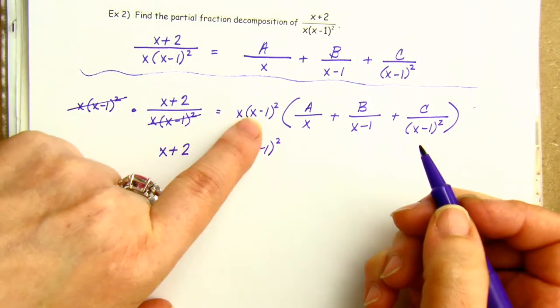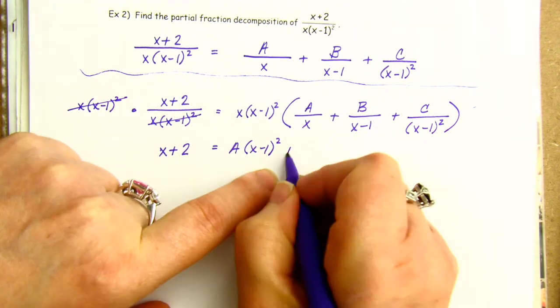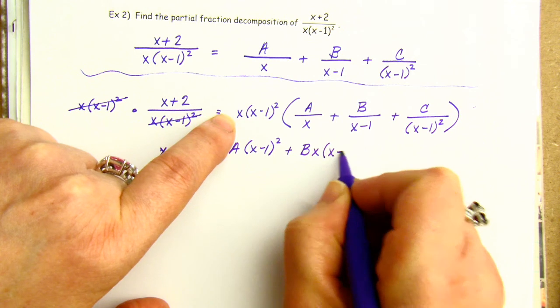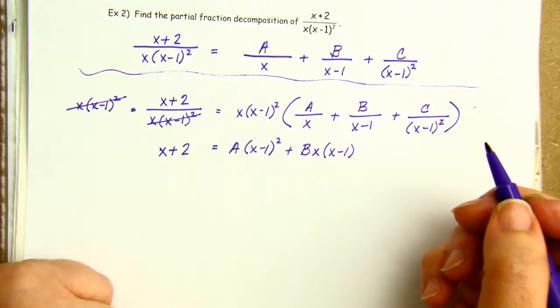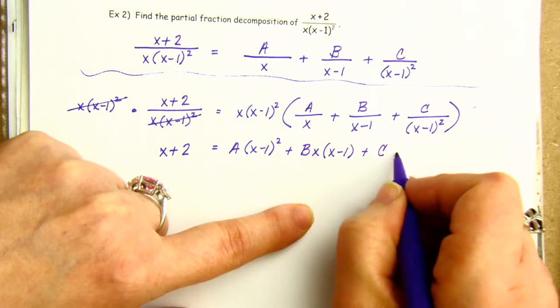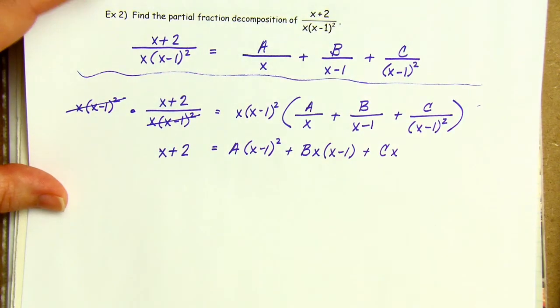Multiplying this least common denominator with the middle fraction, it's going to be plus b times x times one of these x minus 1s. Notice when I distribute the third fraction, I'm going to have cx. So that's what's going to happen on the right side when I start simplifying it.